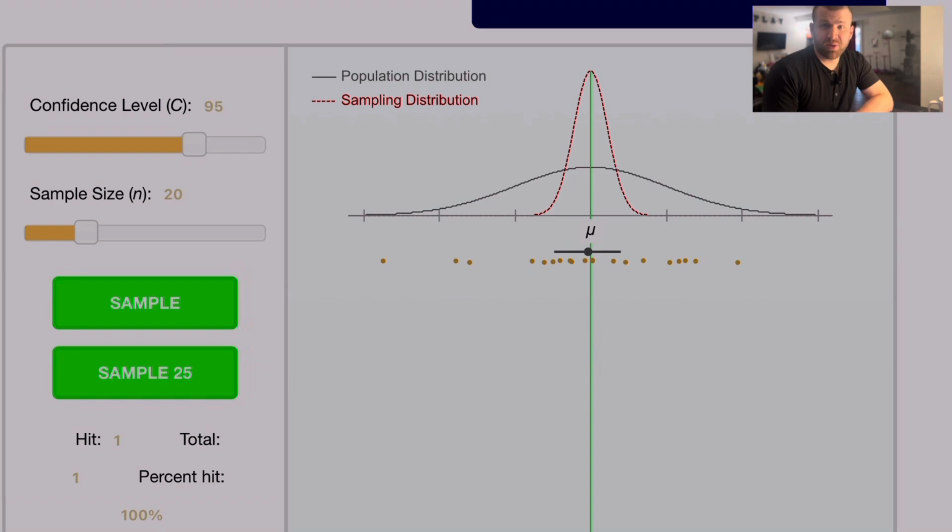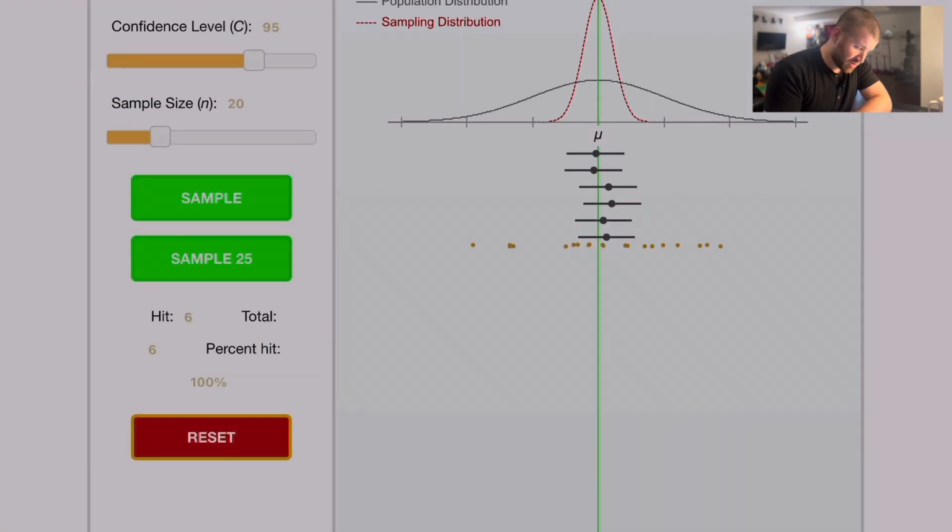The black dot represents the sample mean, and those bars coming off the side of that represent the confidence interval. In this case, the green vertical line is our population mean, and we got it. Same here, same here. But it's not perfect.